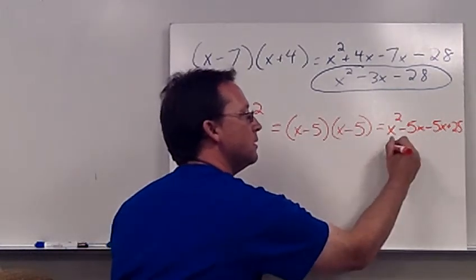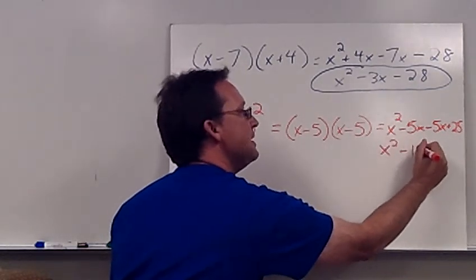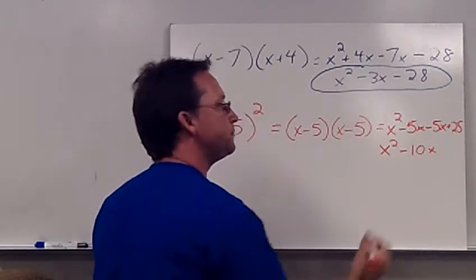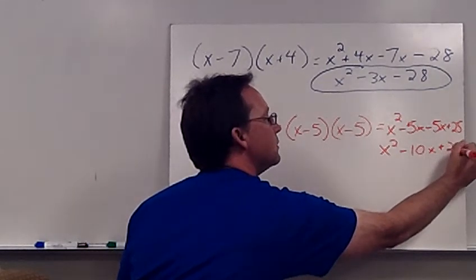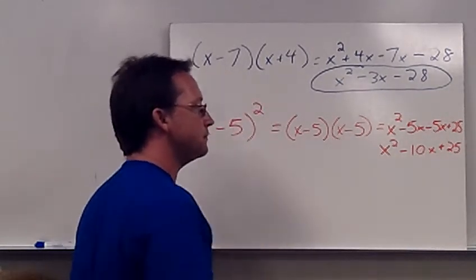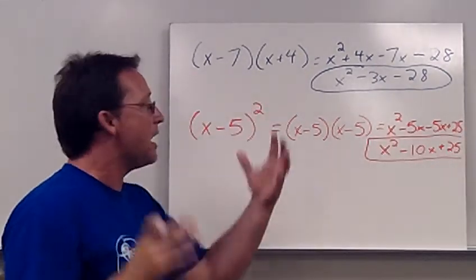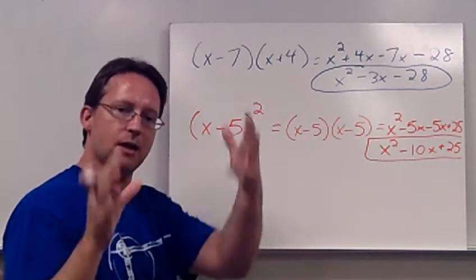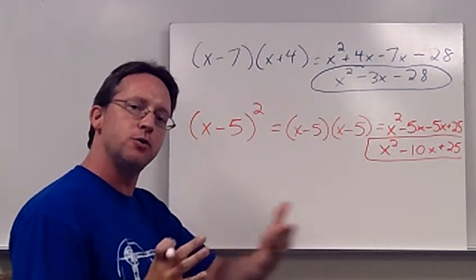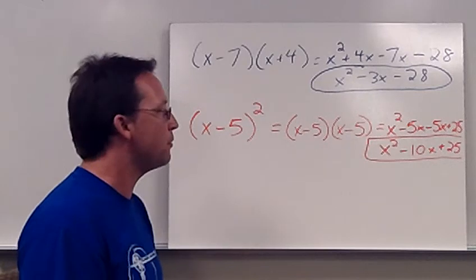Combine your like terms. Still x squared out front minus 10x in the middle, and then plus 25. Right? That's what your final answer is going to look like. So remember, having a quantity squared like that is that quantity times itself. You're still doing FOIL, you're still doing the distributive property.